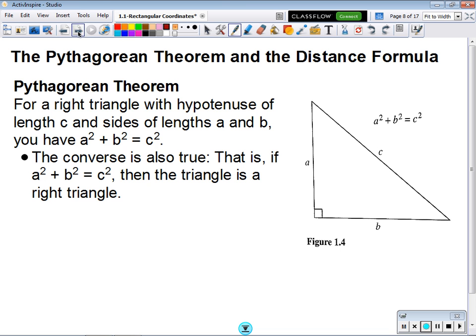Just moving on to some other things involving points. We're going to get into looking at some things with the distance formula. The distance formula and where it comes from has a lot to do with the Pythagorean theorem.